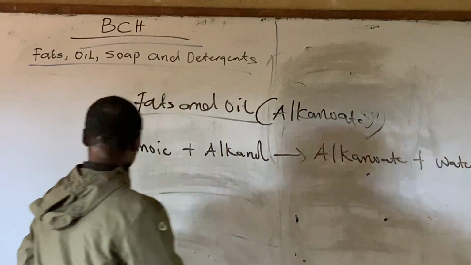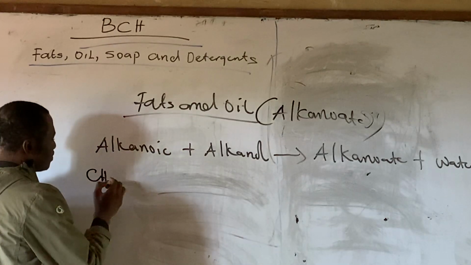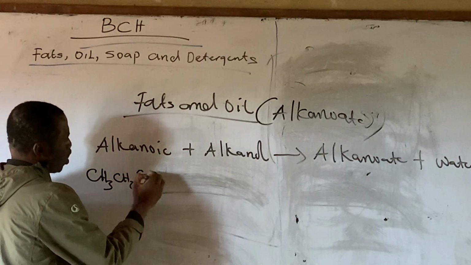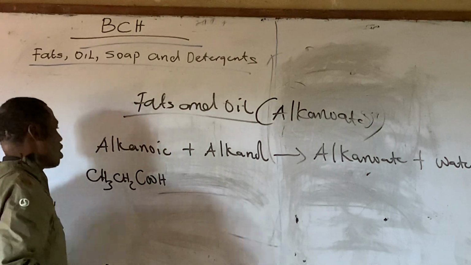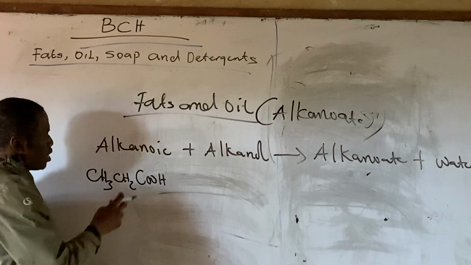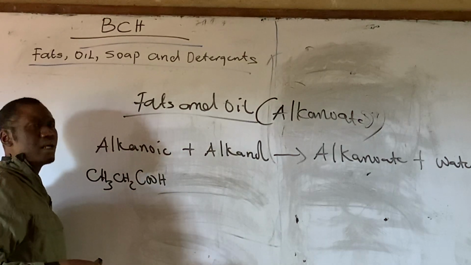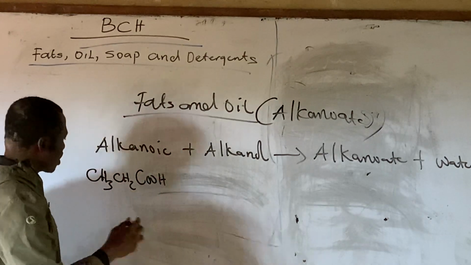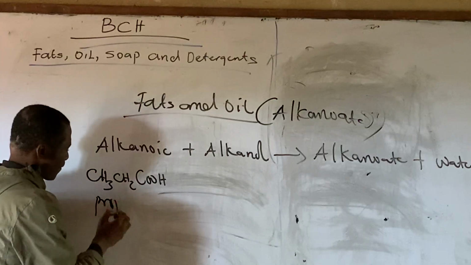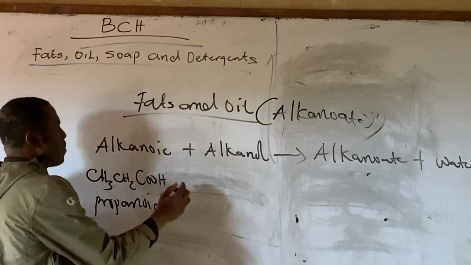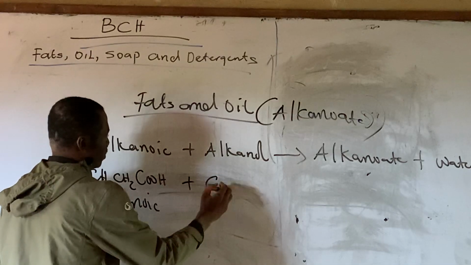Let's say we have CH3, CH2, COOH. Now look at this, 1, 2, 3. This carbon chain is known as propanoic acid. What's it called? Propanoic acid.